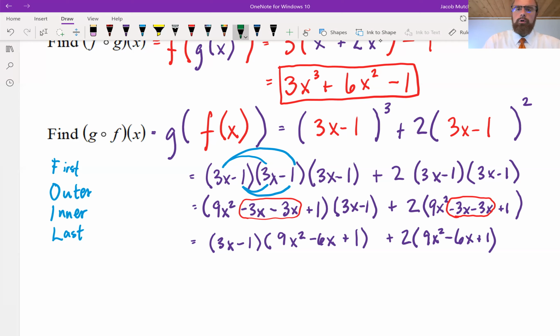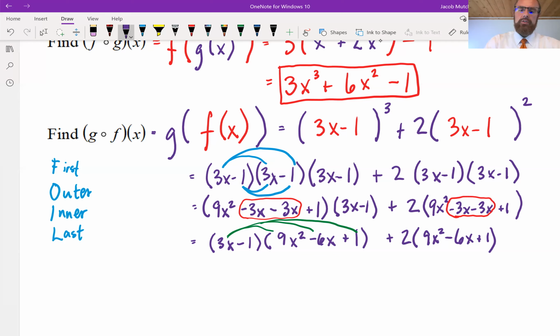FOIL works when I've got two binomials. The idea with distribution, though, is that each term goes to each term. So I'm going to have to do this manually without an acronym, because this second one is a trinomial, but that's okay.